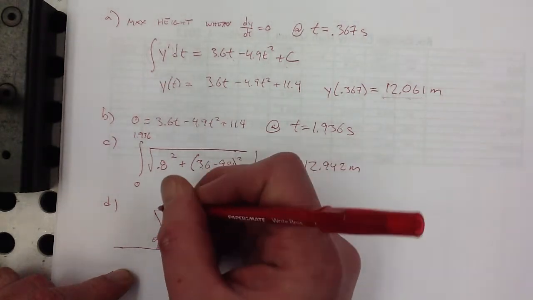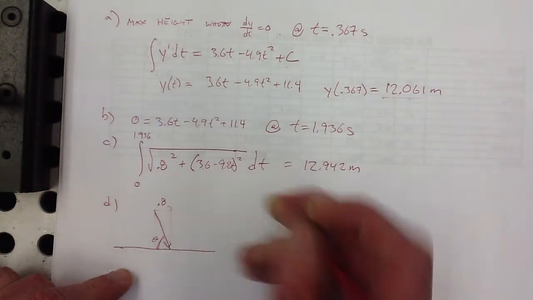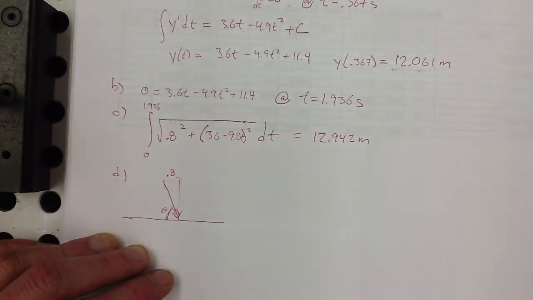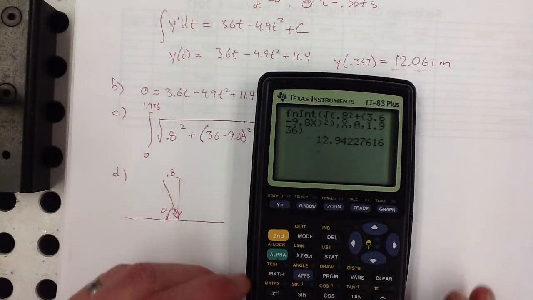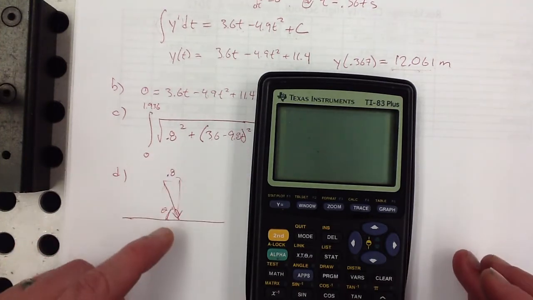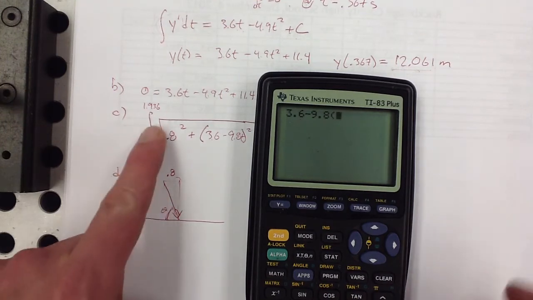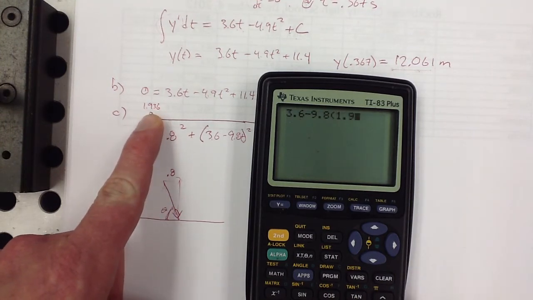So we just need the components of the velocity here, and then we can do tangent inverse rise over run. That's the way to go here. So this component is always 0.8, right? And this component, when she hits the water, is 3.6 minus 9.8 times the time when she hit the water, which we found is 1.936.